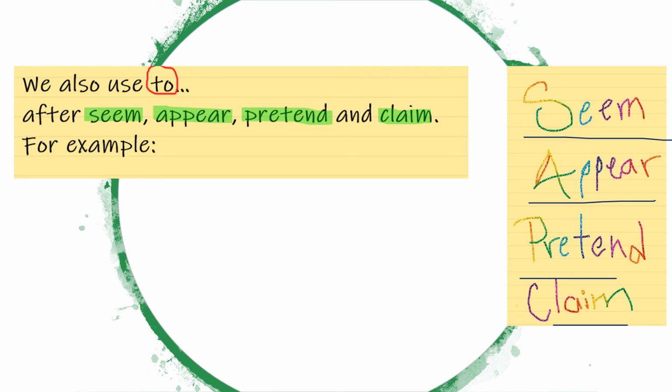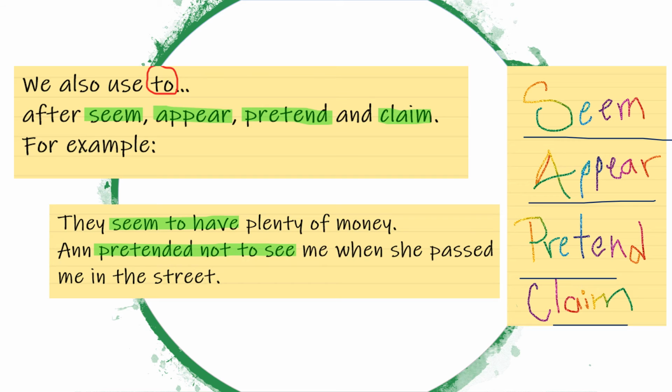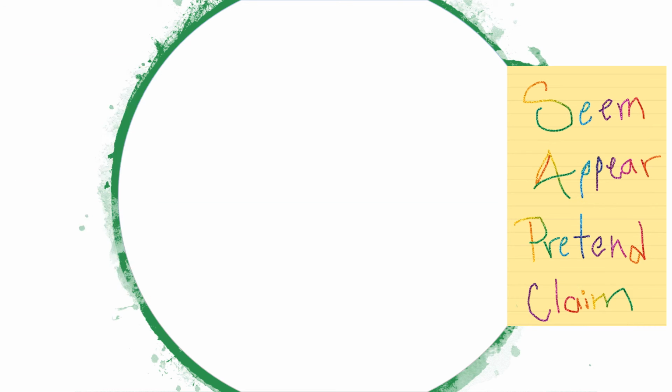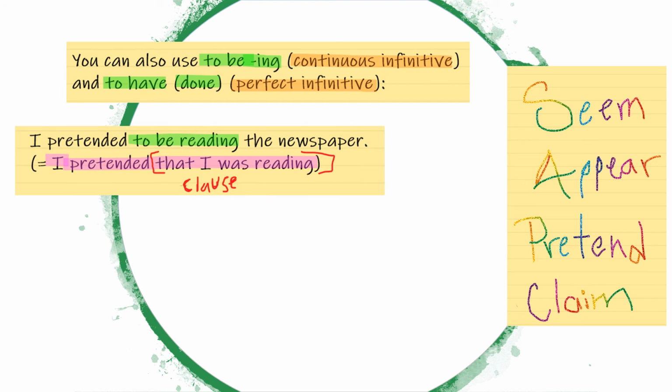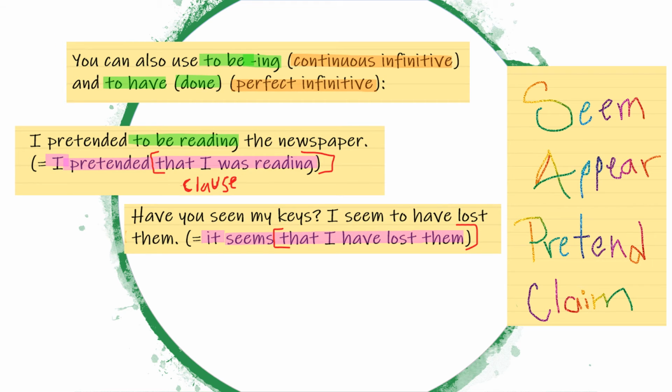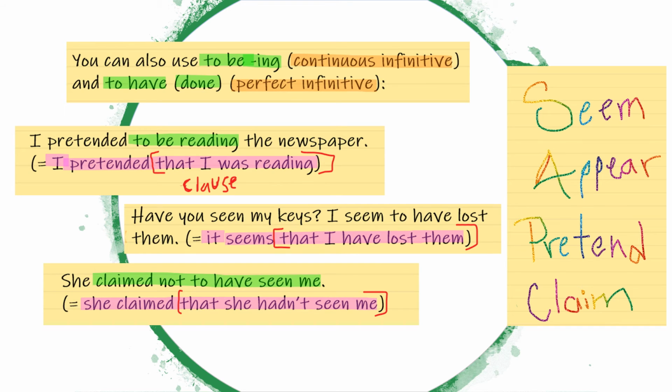Let's see the examples. They seem to have plenty of money. I'm pretending not to see me when she passed me in the street. Now look at that. In these cases, we can use these verbs, seem, appear, pretend, claim, with other verb patterns.